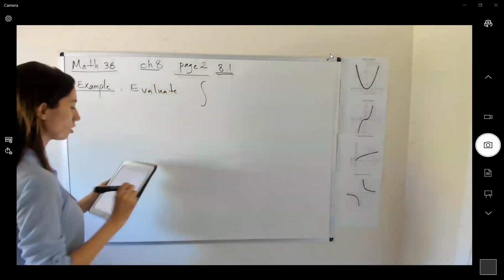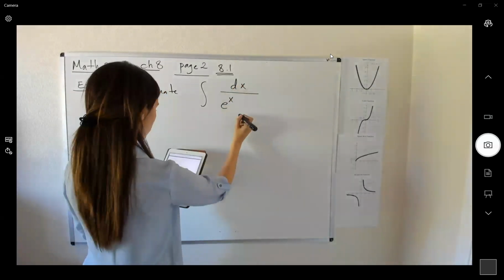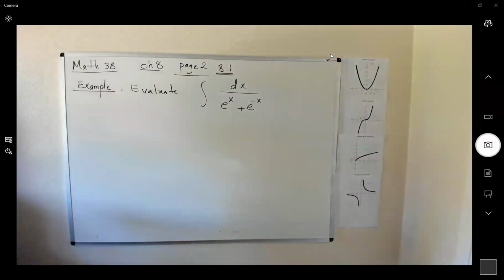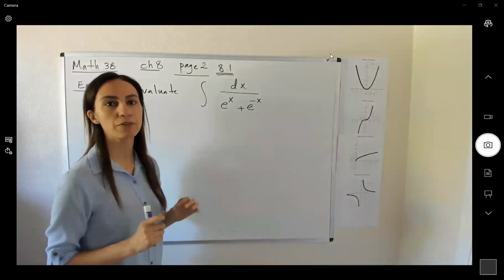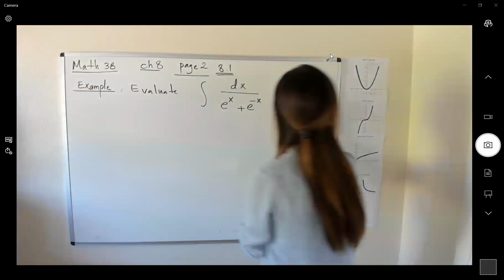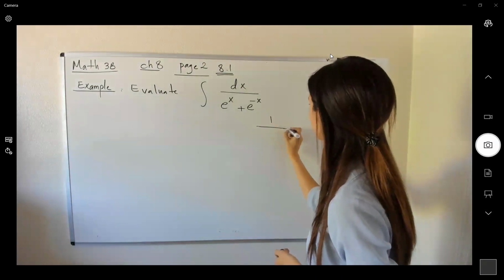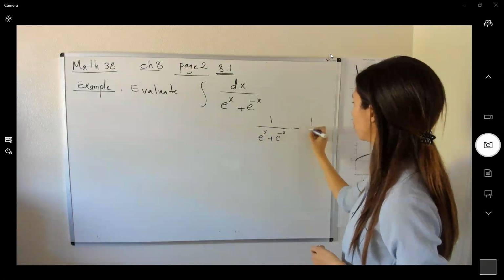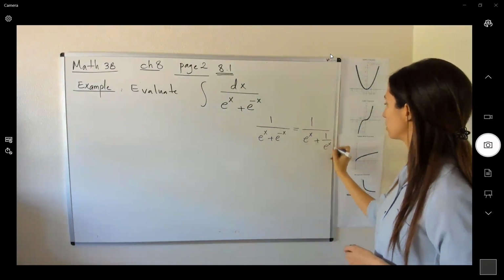You have the integral dx over e to the x plus e to the minus x. What I'm going to do is simplify this rational function first. So I have 1 over e to the x plus e to the minus x, which is 1 divided by e to the x plus 1 over e to the x.